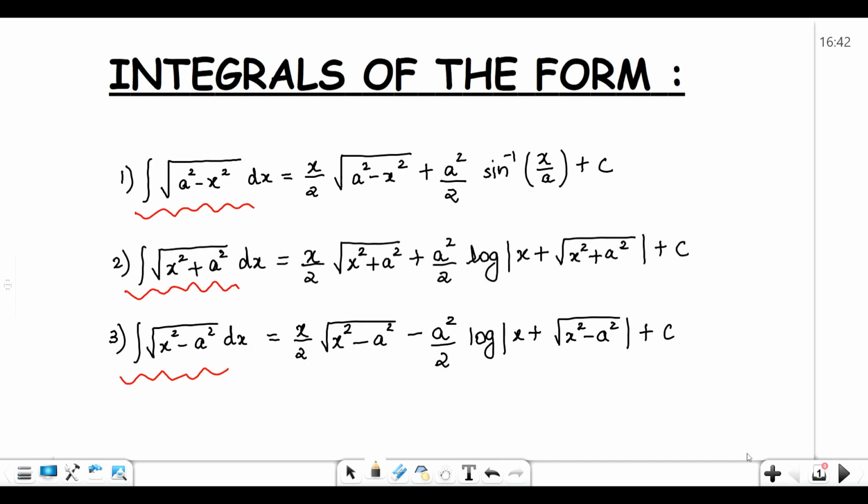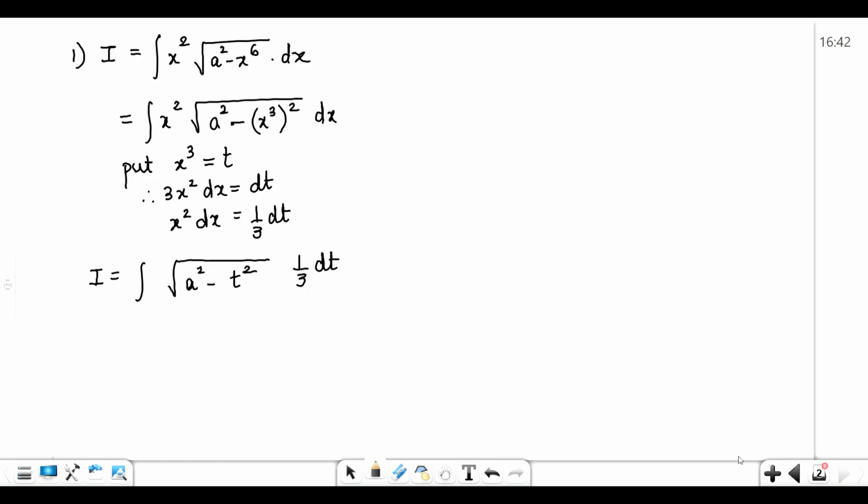What is the formula? The first one is x by 2 square root of a square minus x square plus a square by 2 sine inverse x upon a plus c. So here we will apply the same formula. Our a remains the a, but here your variable changes to t. We can take 1 by 3 outside, then apply the formula to a square minus t square dt.